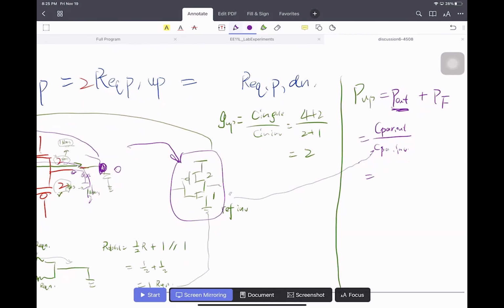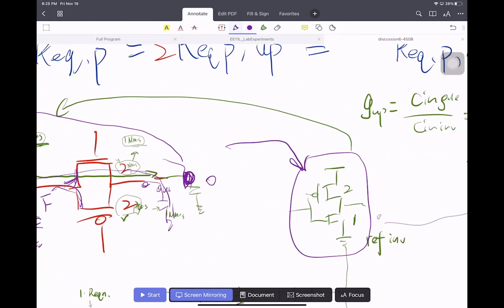So C parasitic out is 2 plus 2, the 2 junction capacitances here, divided by the parasitic capacitance of the reference inverter, that's 2 plus 1. That's 4 over 3. That's the first part of the parasitic delay.